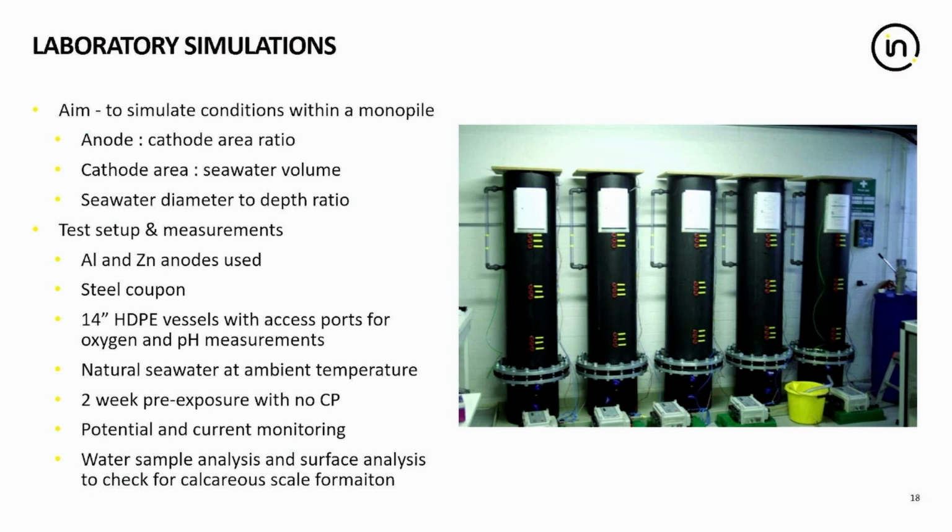And we had ports for various measurements at the top, in the middle, and lower down for measurement of potential and current, and also we had the ability to measure pH and undertake water sample analysis. We're able to remove small amounts of water during the test.